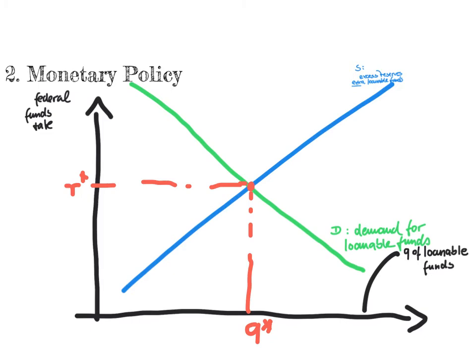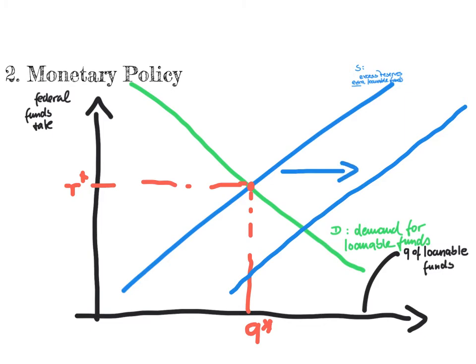So they're buying bonds, they're buying other assets from the banks, and then giving the banks access to cash, access to loanable funds in return. What has that done? It has shifted supply of loanable funds out. Now more banks have excess reserves as a result of the open market operations.